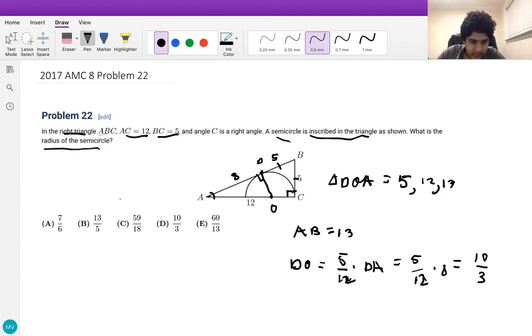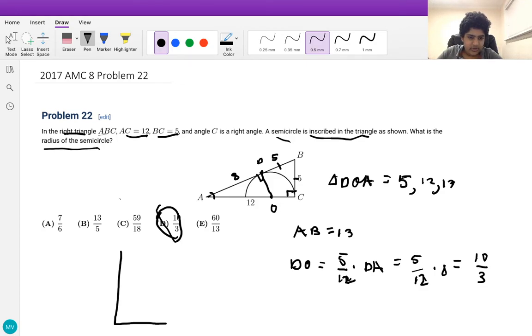Now, let's go over the second way of solving this. And this second way is also pretty slick. So, you have triangle ABC. And this time I'll just draw it vertically, and you'll see why in a second.